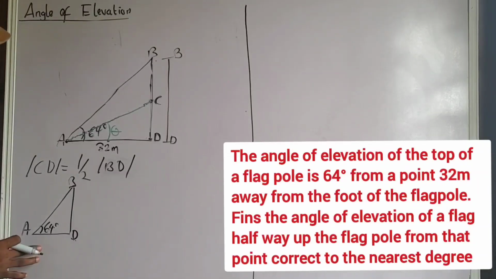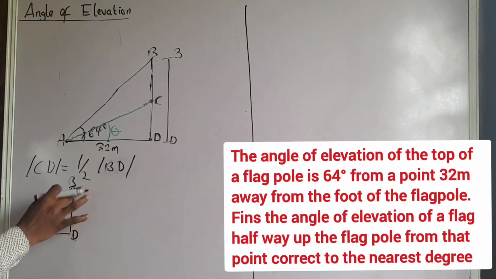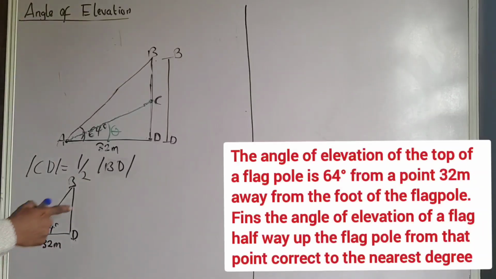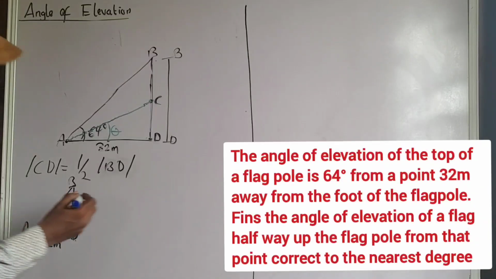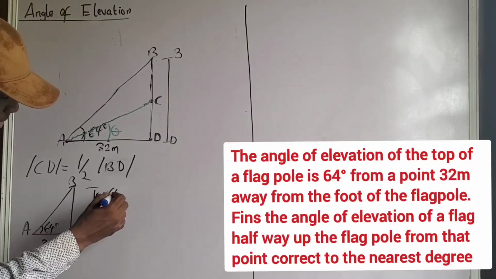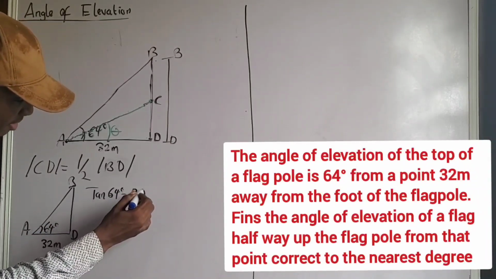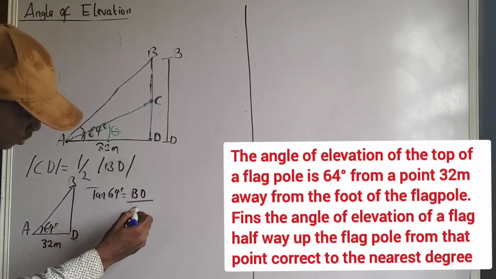Now, if this is 64 degrees, we are looking for this side. We know that this is 32 meters. So to get this side, BD, what trigonometric ratio are we going to use? That is tangent. You understand? Tan 64 degrees equals opposite, which is BD, over adjacent, which is 32.